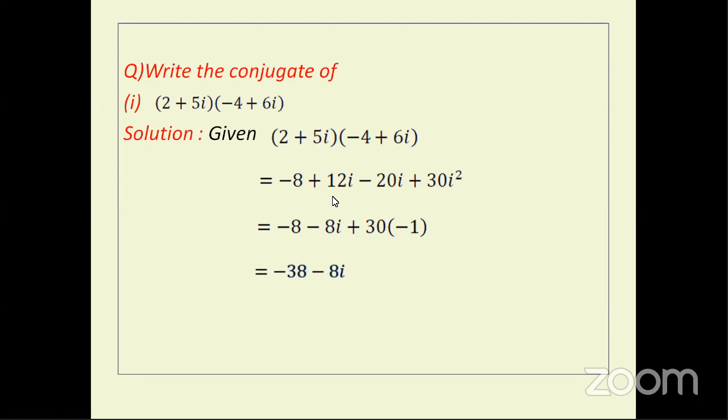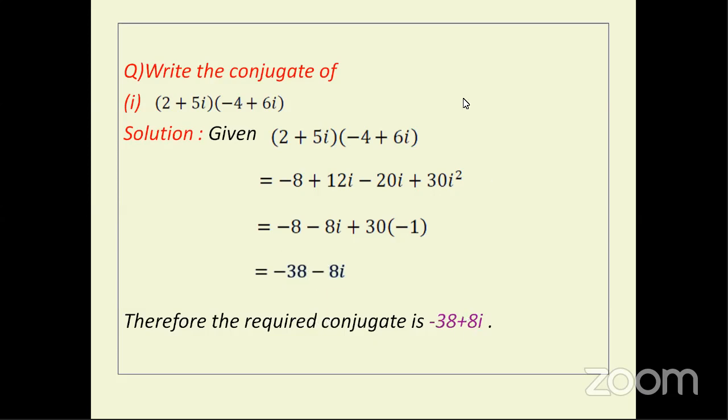I was discussing in the previous session, whenever you are given a complex number in the form a + ib, the conjugate of the complex number will be a − ib. Now here your a is −38 and your b is −8.